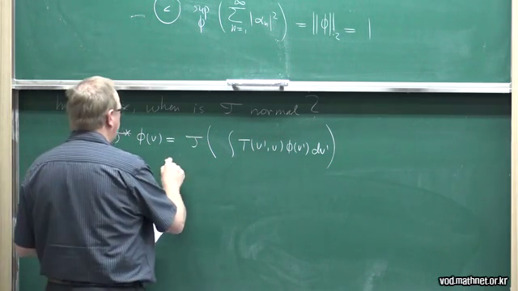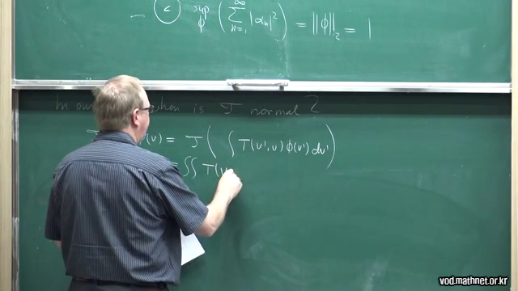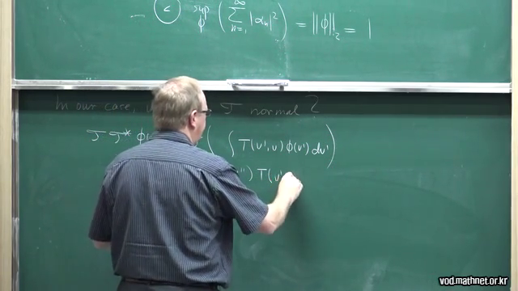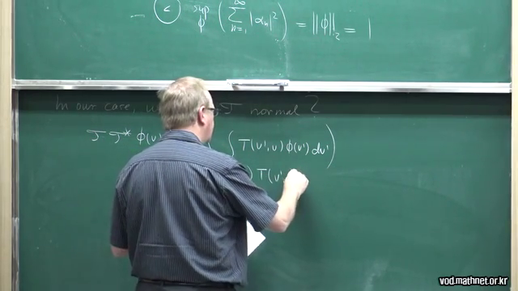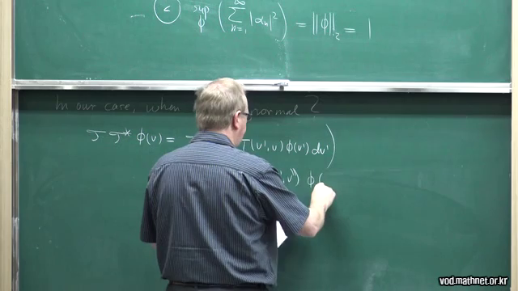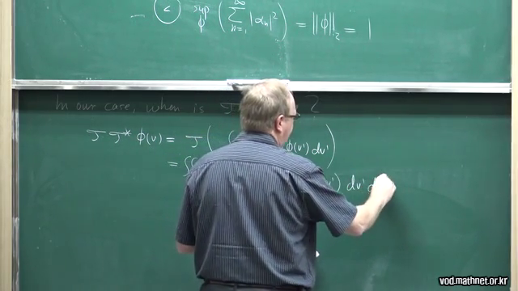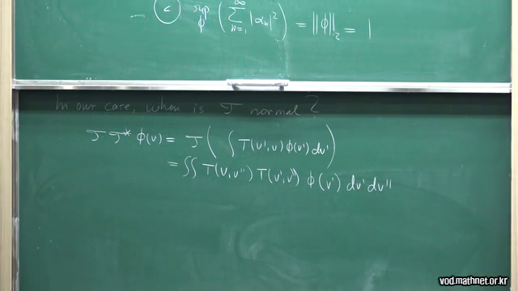And so then this is a double integral of T of v, v double prime, T of v prime, v double prime, phi of v prime dv prime dv double prime. So it's really a bit tedious. You need to sit down and carefully understand where a prime and where a double prime comes, so that you have the right order of these terms here.